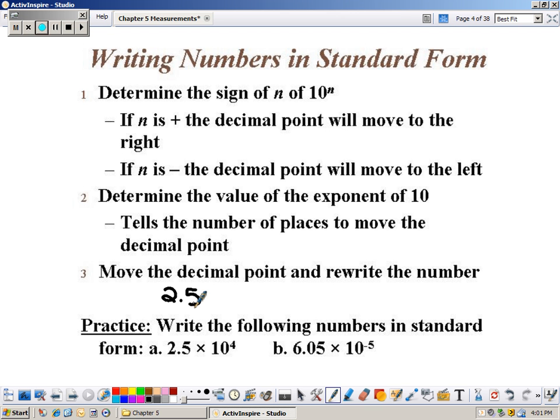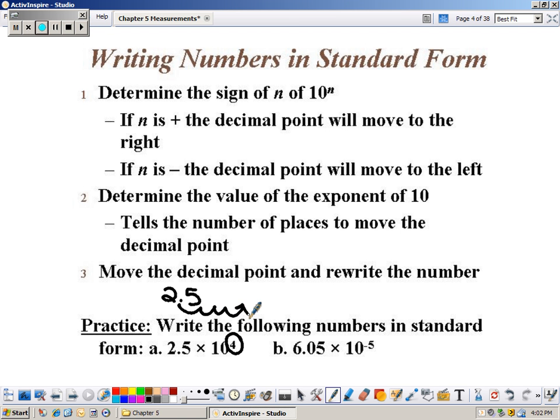Our n here is 4 in the first example. If n is positive, so 4 is positive, the decimal point will move to the right. So this decimal point in 2.5 is going to move to the right, the same number of places as the exponent. So you have an exponent of 4, you're going to move 4 places to the right.